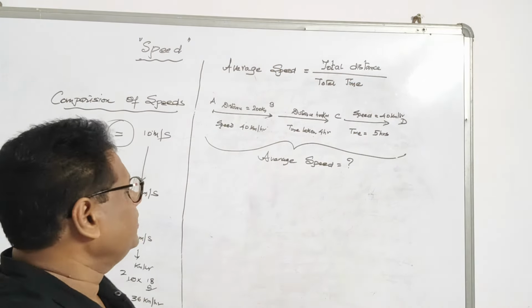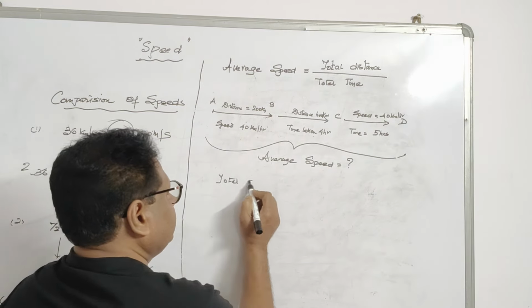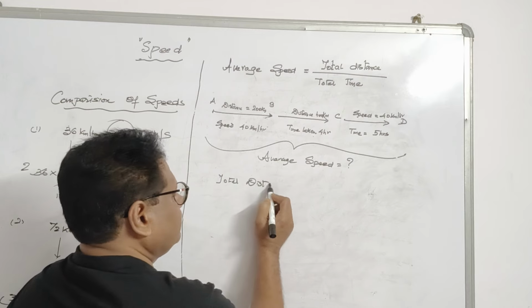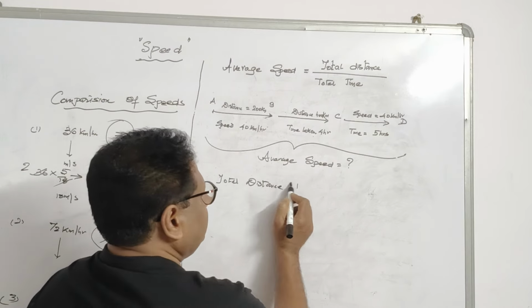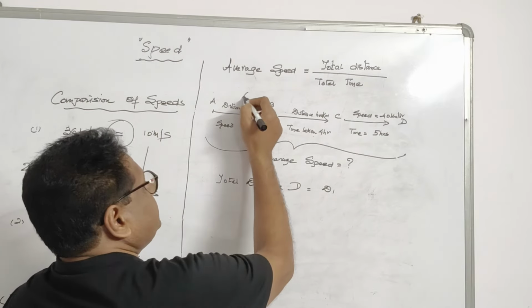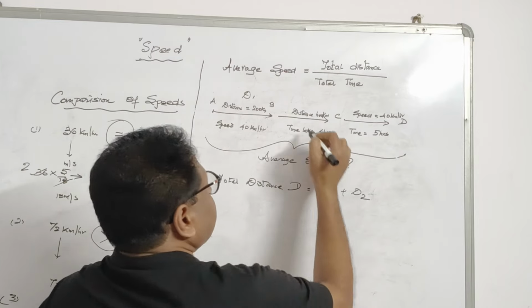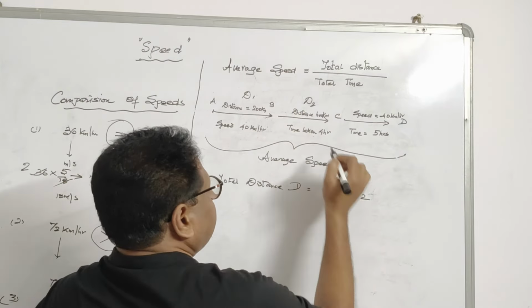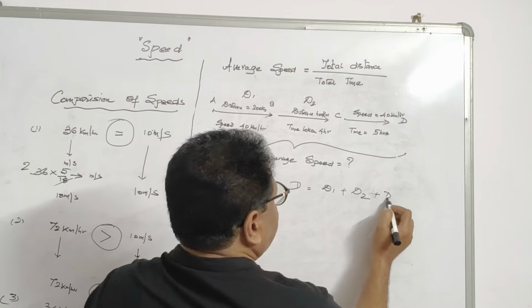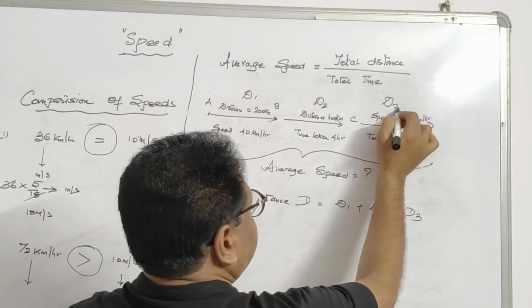What you need is to get the total distance D, which is equal to D1, the distance in this part, plus D2, the distance from B to C, plus D3, the distance from C to D.